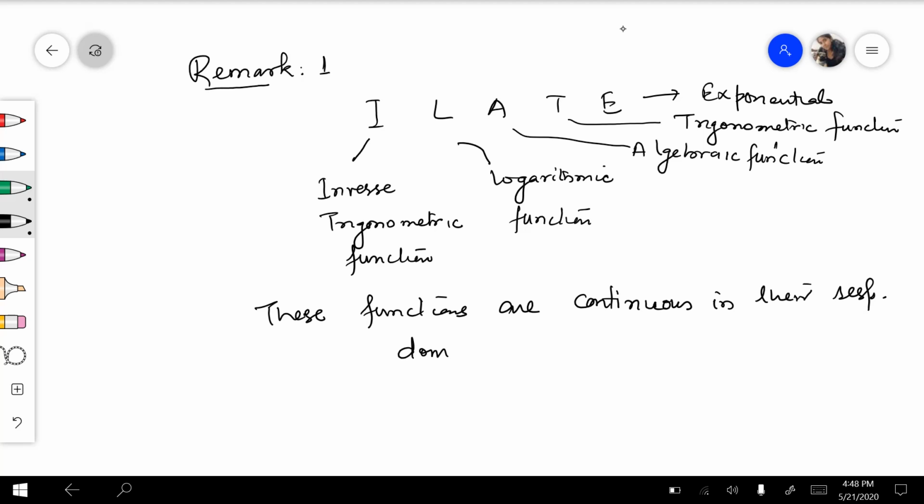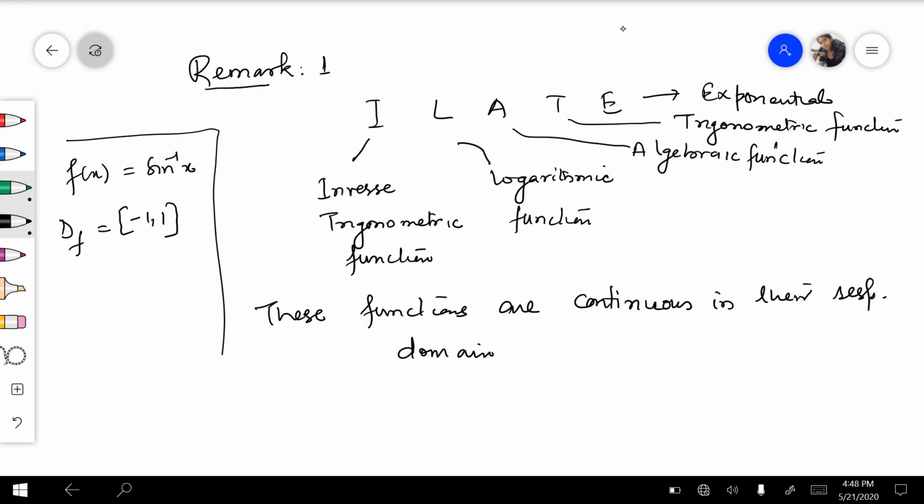domains. That means, for an instance, if I take f of x is equal to sine inverse of x, we know that domain of this function is -1 to 1. So this function will be continuous for all these numbers which are between -1 and 1, including -1 and 1.